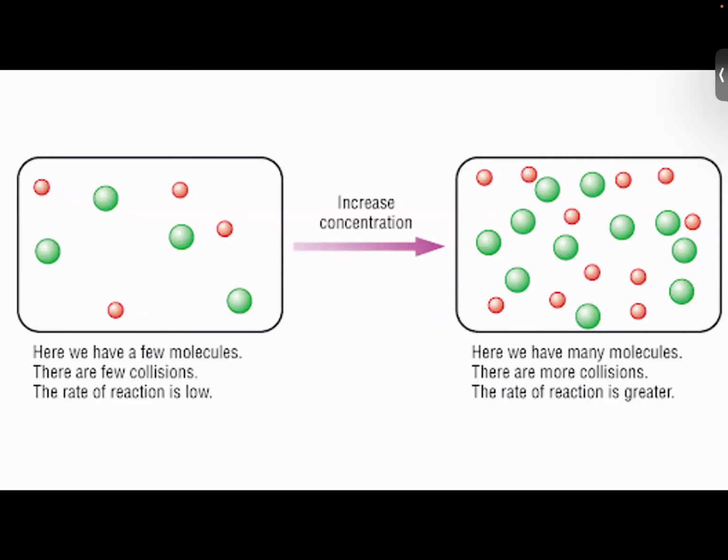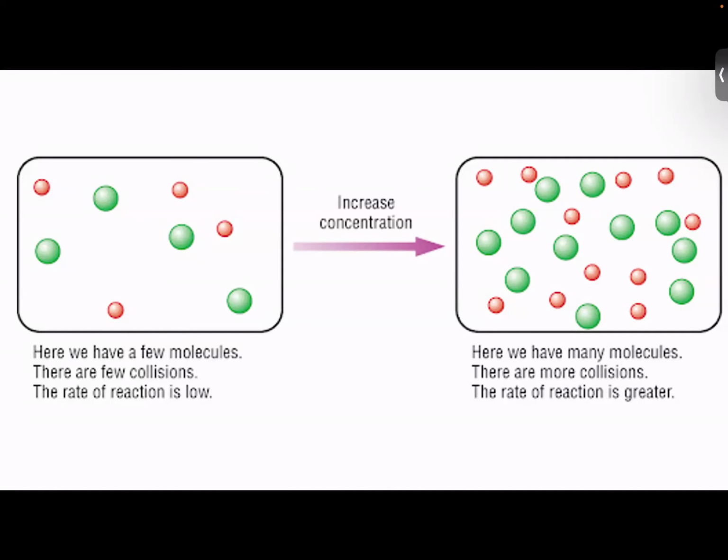That's the entire premise. On the left-hand side, you have only 4, say, of reactant A, and only 4 of reactant B. Sure, they're going to collide.